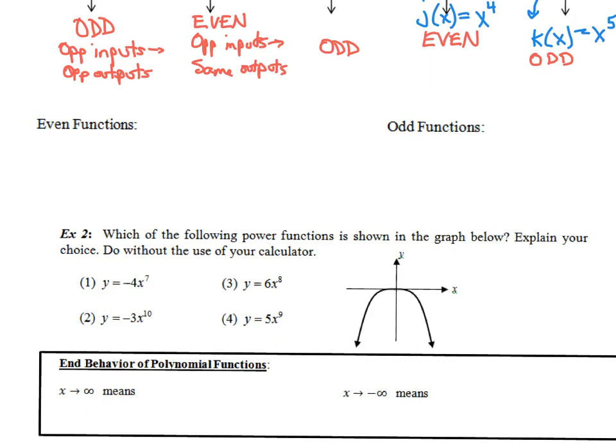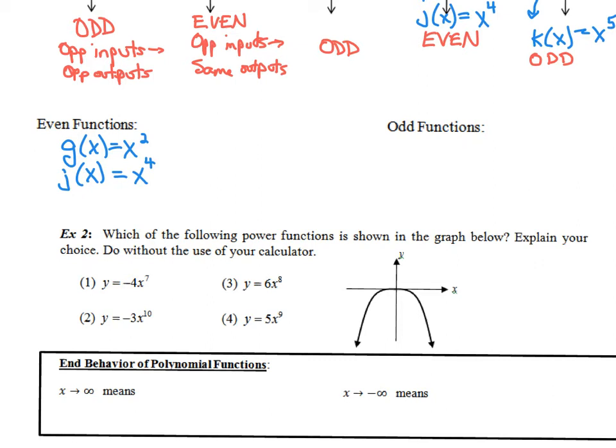So pulling this all together, I think that we see that our even functions are the functions g of x is equal to x squared, and j of x is equal to x to the fourth.